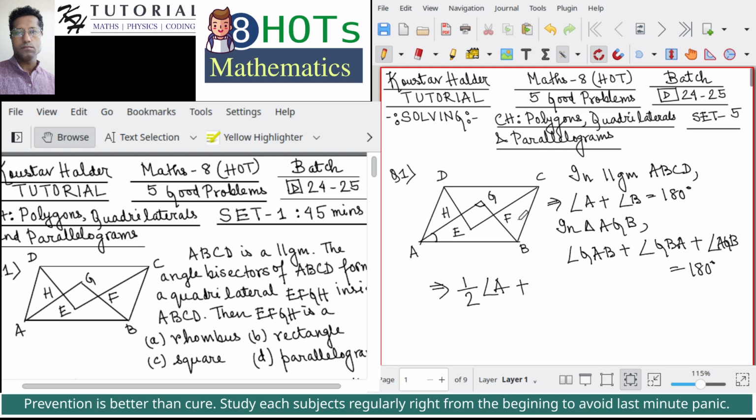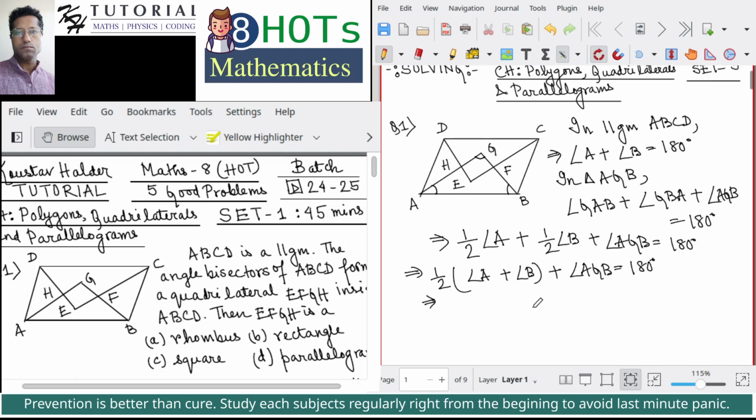Similarly, what is angle GBA? This angle will be half of angle B. We have plus angle AGB equal to 180 degrees. So this implies half of angle A plus angle B plus angle AGB is equal to 180 degrees.